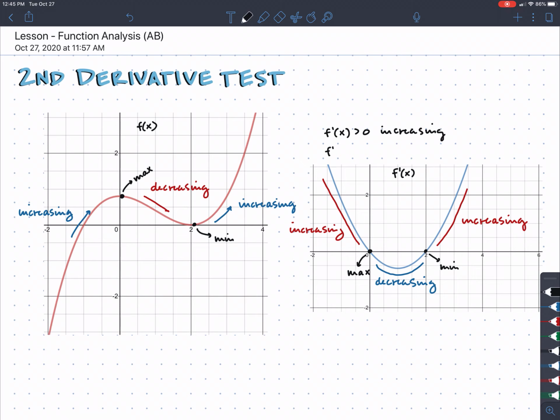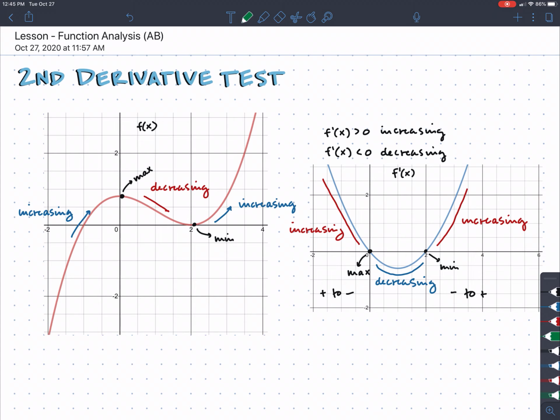When f prime of x was less than 0, our function is decreasing. And a maximum occurred when we went from positive to negative, and a minimum occurred when we went from negative to positive. So all of that information is what the first derivative tells us.